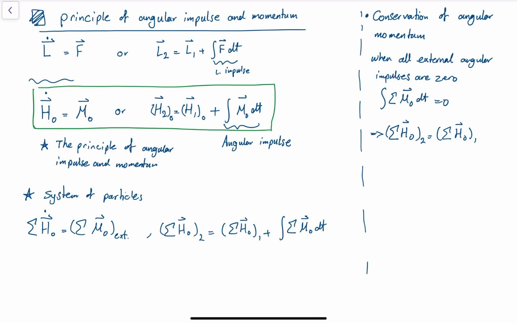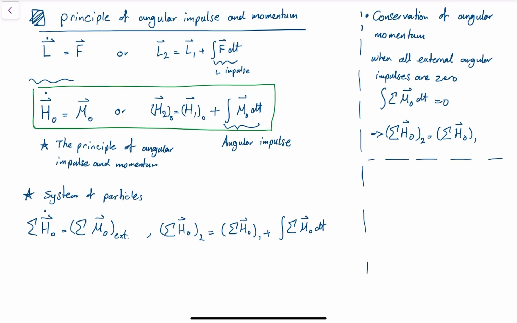Oh, one important remark is that, similar to the case when we were talking about linear momentum, you could have conservation of angular momentum in different axes. So it is possible that angular momentum about some axes is conserved, while angular momentum about some other ones is not.